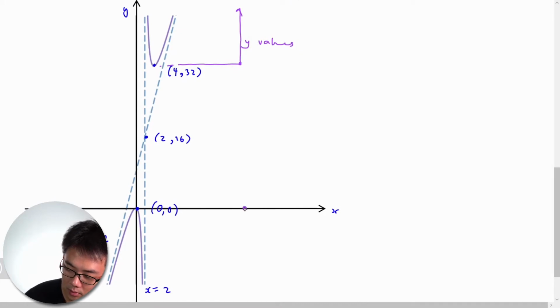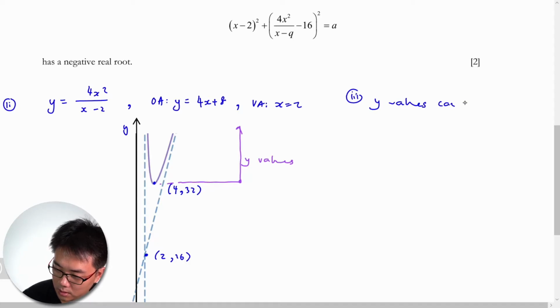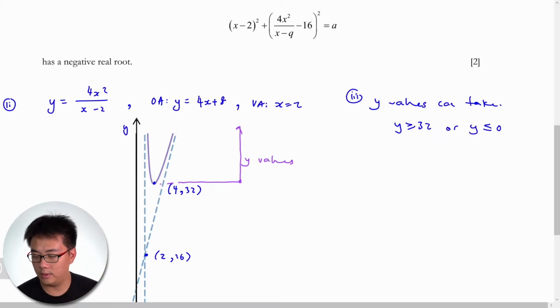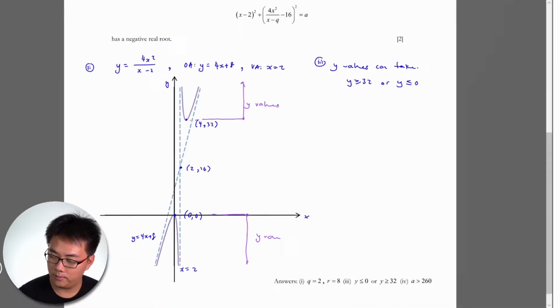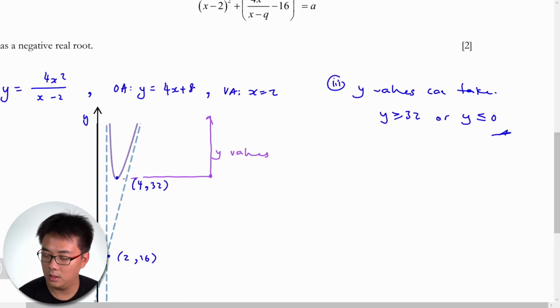Here, 0, negative onwards. Okay, so the y values it can take would just be y greater than or equal to 432 or y less than or equal to 0. That's about it. So this is the answer.